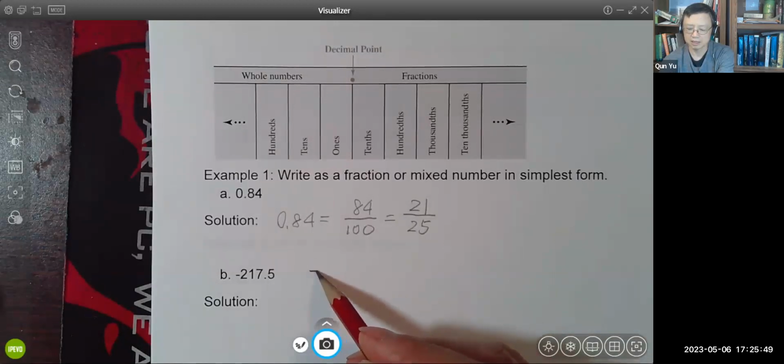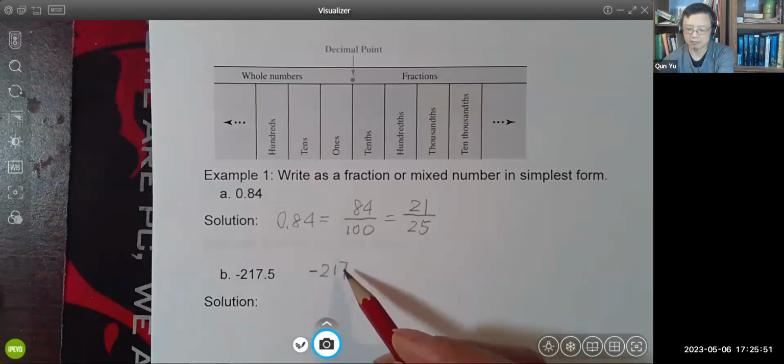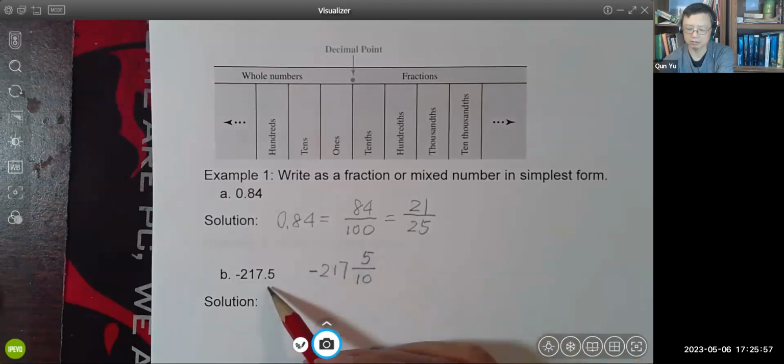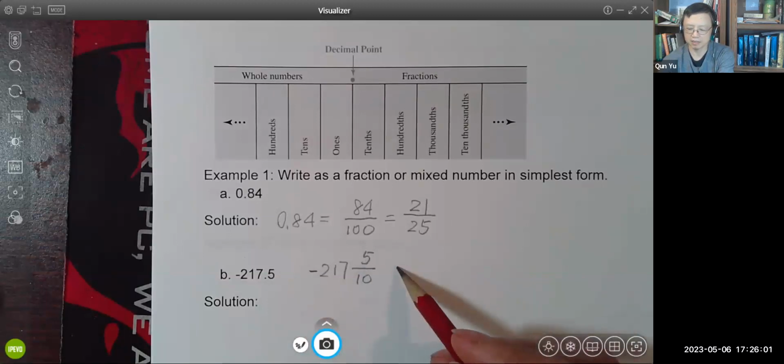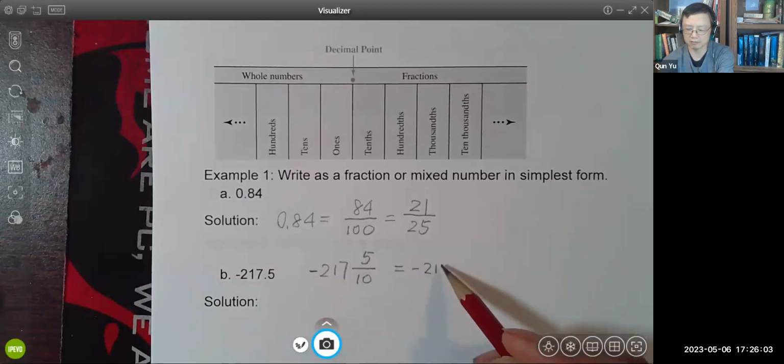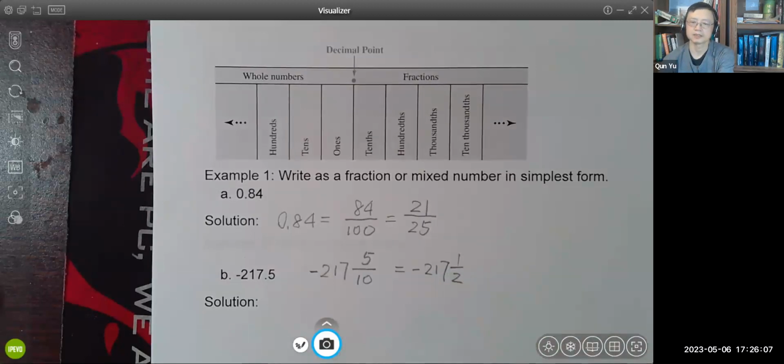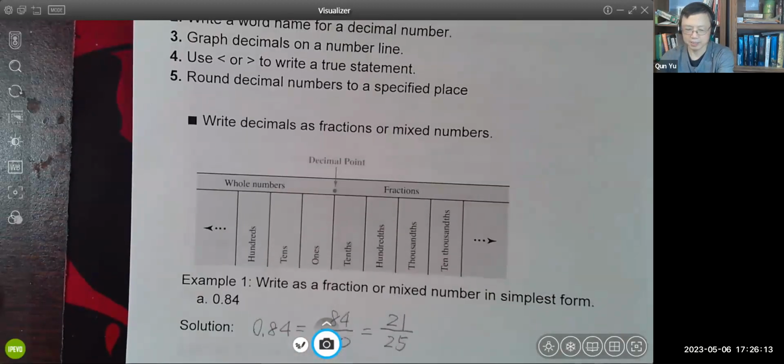So this is negative 217, 1 decimal digit. You will have 1 zero on the bottom, and put this whole decimal part on the top. Apparently, this is a half, right? So we get negative 217 and a half. So that's our second one. Move on to the next page.